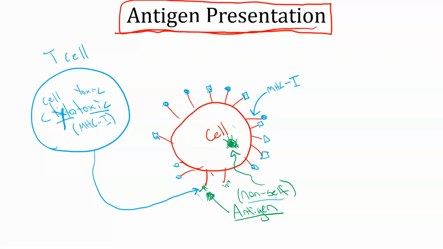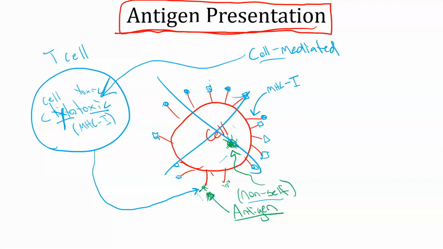In other words, any cell that's infected with a virus and is displaying pieces of that virus on the surface, those can be recognized by a cytotoxic T cell, and that cytotoxic T cell will destroy the infected cell. This is called cell-mediated immunity, because the killing of the infected cell is done by another cell, namely a cytotoxic T cell.